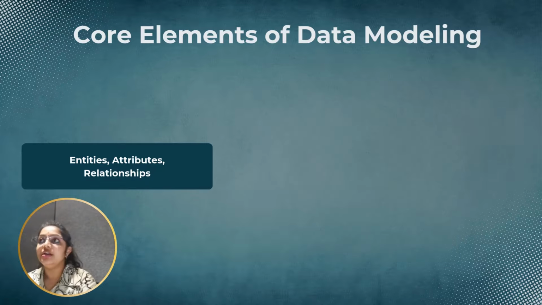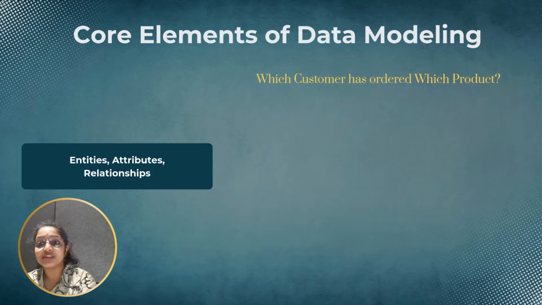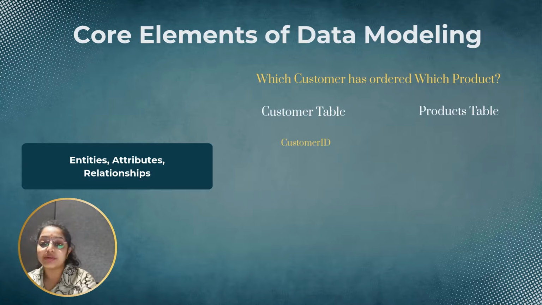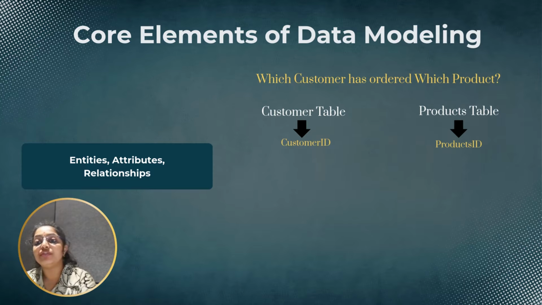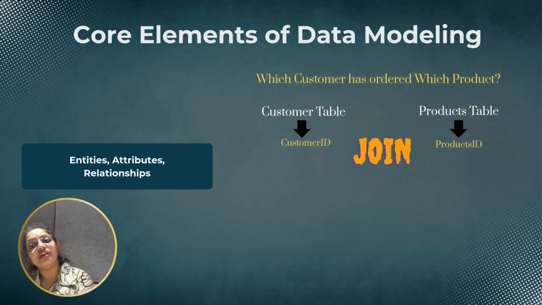As I said, if I want to know which customer has ordered which product, then I would like to take customer id as an attribute from the customer table, and product id as an attribute from the product table. So if I join these two tables, then I'll be getting which customer has ordered which product.